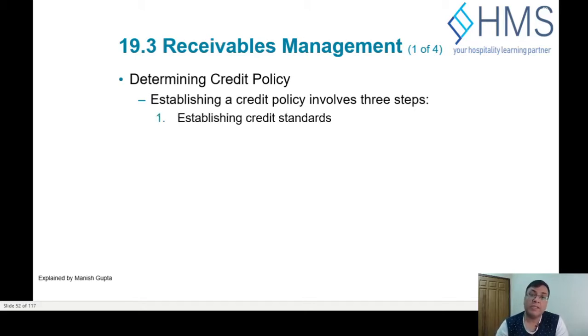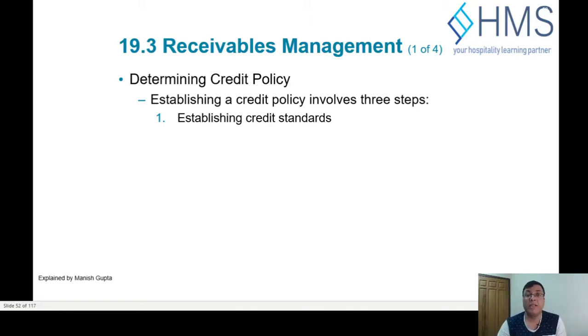The first is credit standards. What are the credit standards? What will be the process, how the company will apply for the credit, what forms they need to submit, what documents, who will review, how many times it will be reviewed, what the standard is on giving the credit, whether there is any limitation on giving the credit, and how many days of initial trade credit we will give.